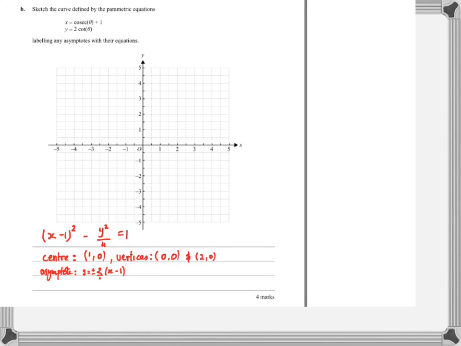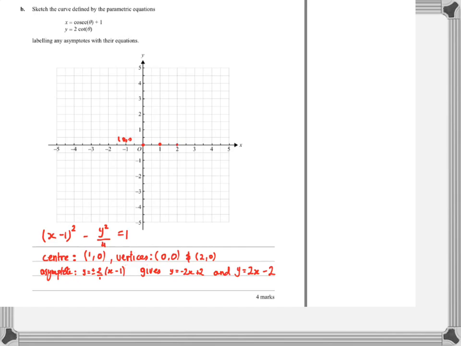That comes from this bit here. Remember, I can do that by b over a, and a is 1, so it's over 1. That then gives me 2 equations, by expanding: a positive 2 and a negative 2.